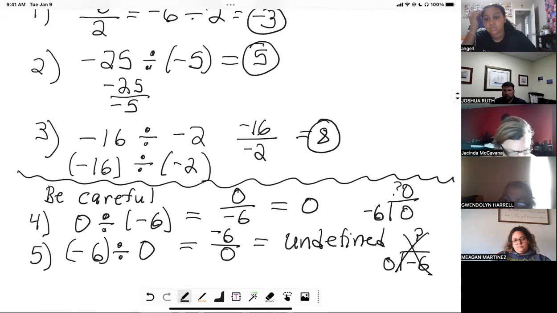I don't want to tell you about it because you don't know enough yet, but this means something really cool in algebra. And when you get to algebra, you're going to find out what that exactly means. It's actually part of a graph that you don't know about. It's really cool. So there's a reason it's undefined. So just be careful of dividing by zeros. I know it gets confusing a lot, so just be careful dividing by zeros.